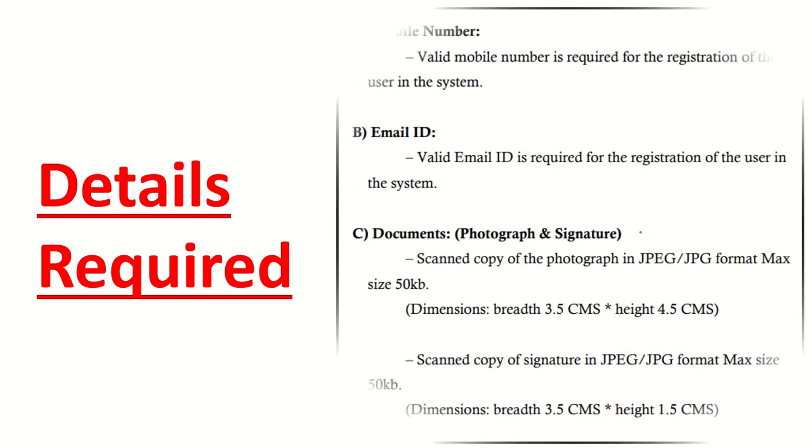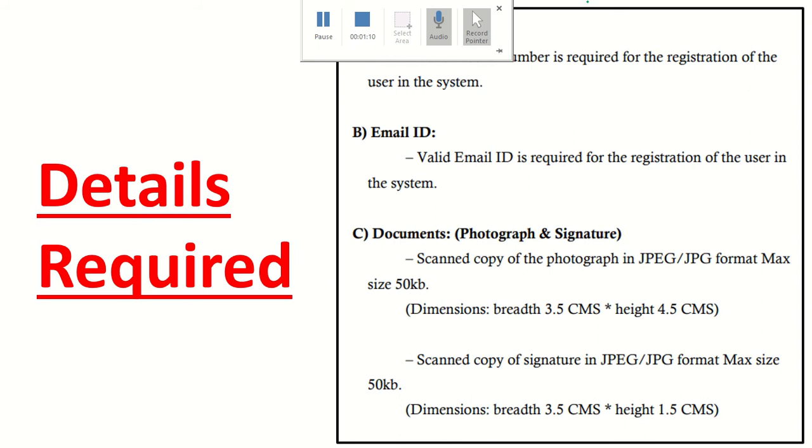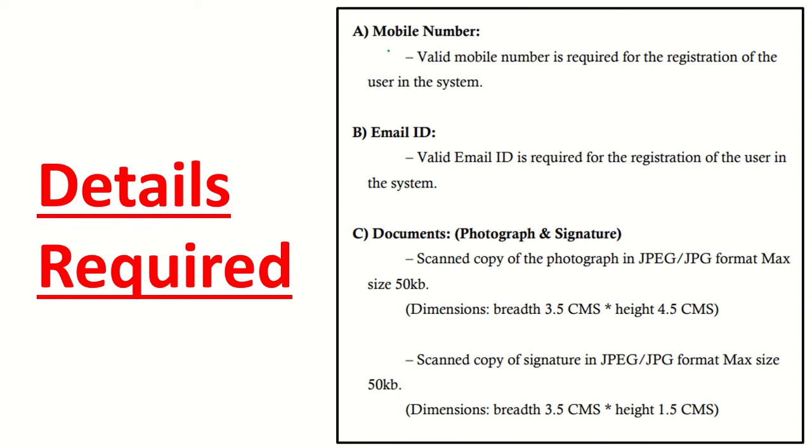Now let us look at the details required. So the details required to fill the application form are mobile number, valid mobile number is required, then a valid email ID, then photograph and signature. So dimension of the photograph and signature is given here. Dimension is mentioned here, like breadth is 3.5 centimeter and height is 4.5 centimeter.